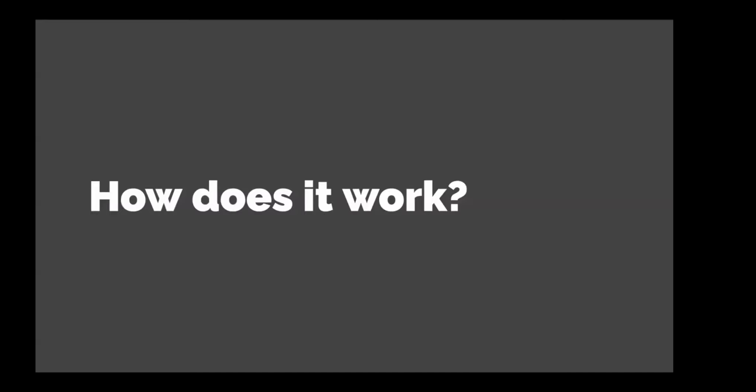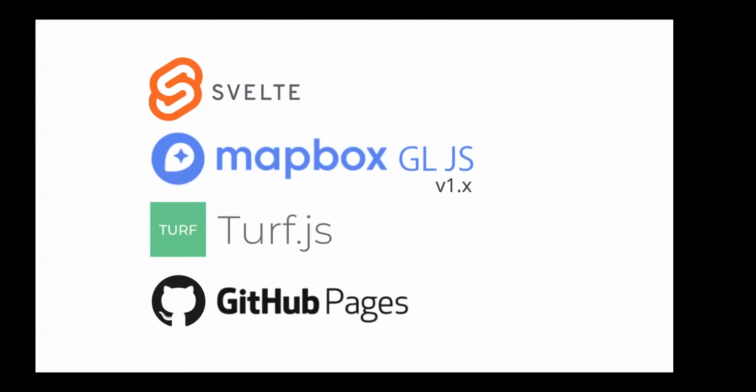So how does it work? I would have loved to chat through the code behind it and how we've built it up, but I'll just share the basic libraries that we used. It's all JavaScript based, obviously. It uses Svelte as the framework, which I've found is excellent for building quick proof of concept apps, as well as starting to turn them into production.